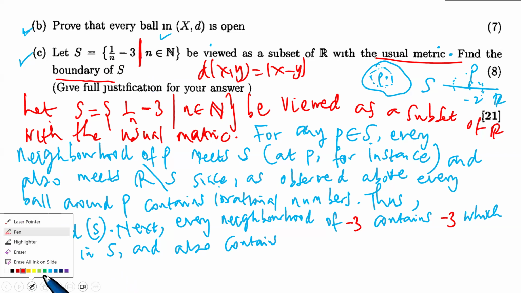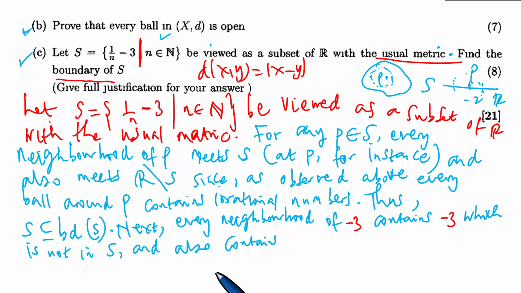And also contains 1 over m minus 3 for some m in the naturals.